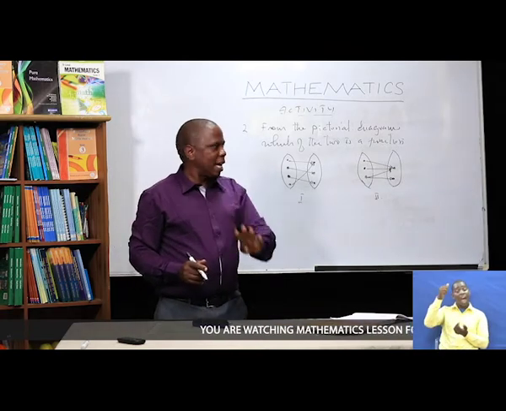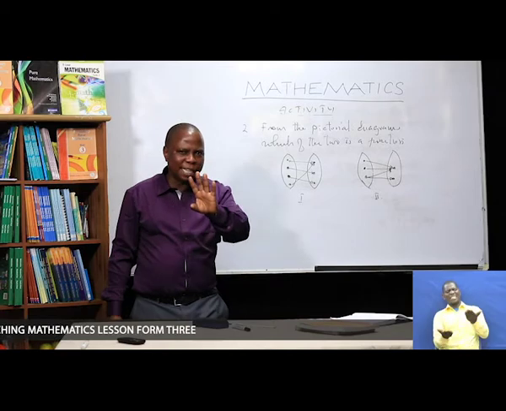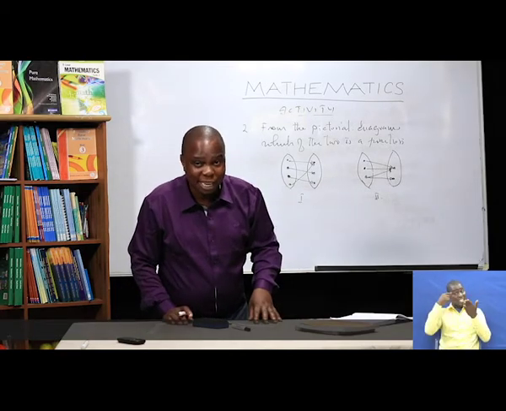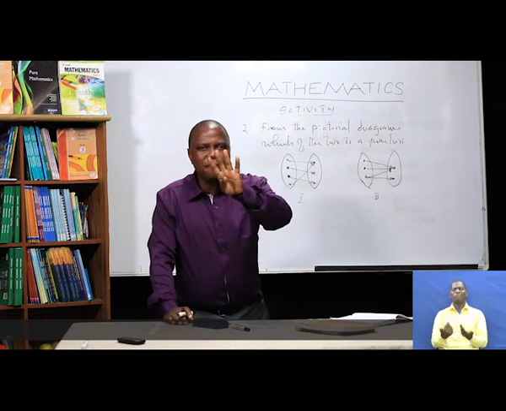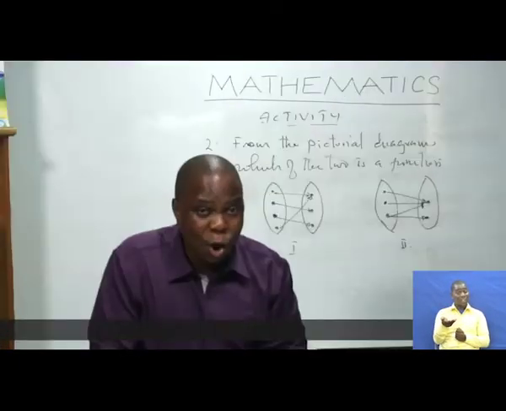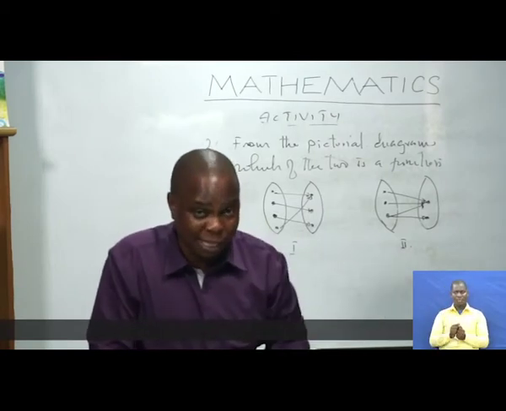But I told you that the representation of a function is similar to the representation of a relation. In relation, we defined 4 different ways of representing. Also for the function, we have 4 different ways of representing.